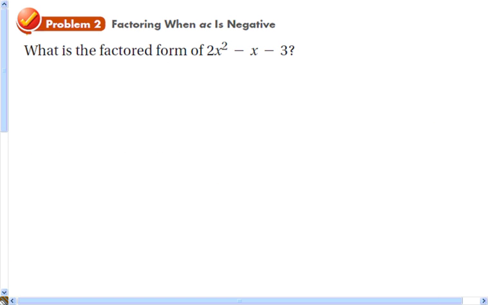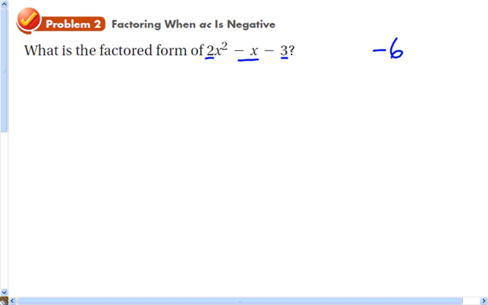So the only difference here is now we have some negative numbers involved, so we have to think about factors in terms of negatives also here. But we're going to do it the same way. We're going to try and think of two numbers that have a product of 2 times -3, which is -6, and have a sum of -1. Remember, the coefficient is 1 if there is no coefficient showing.